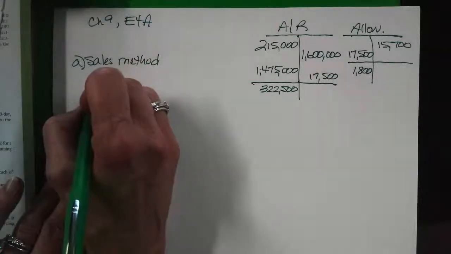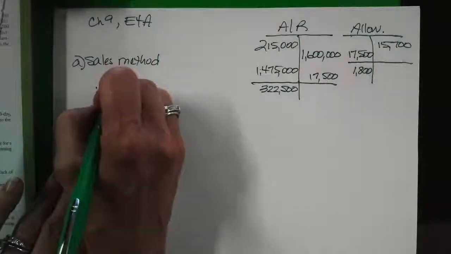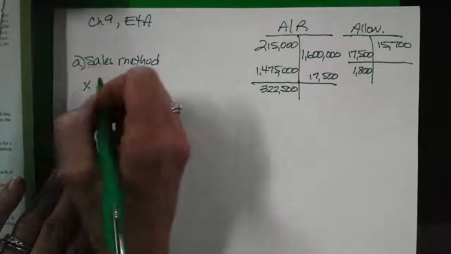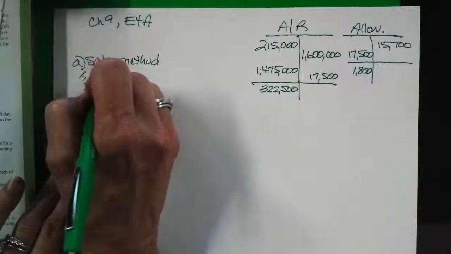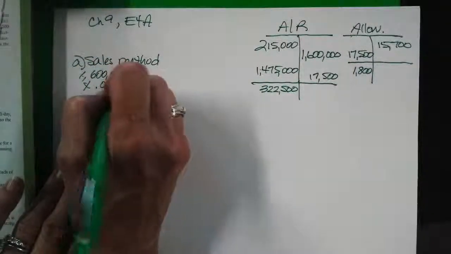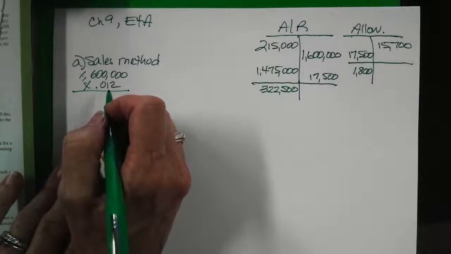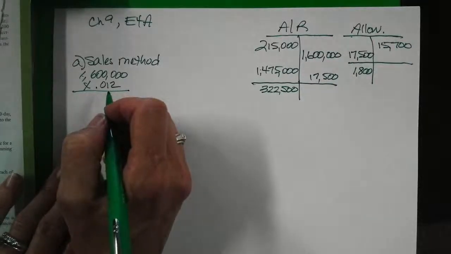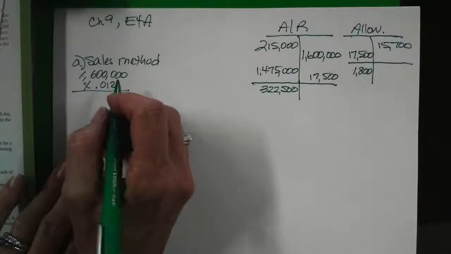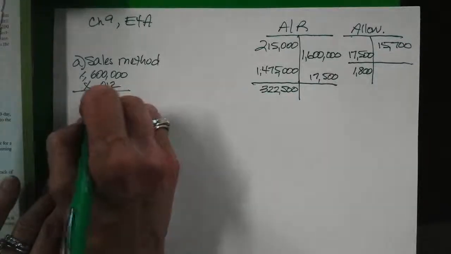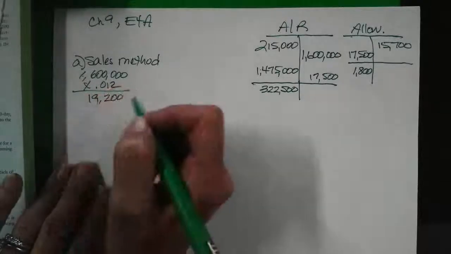So 0.012 times the credit sales of $1,006,000 is 19,200.